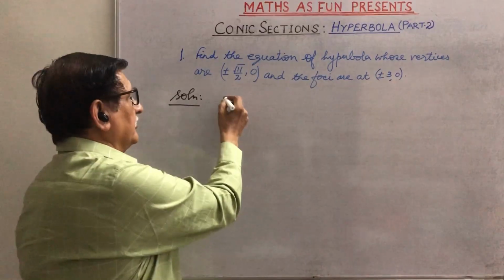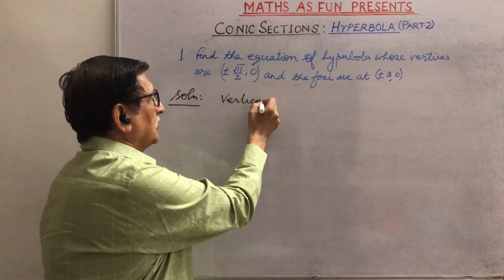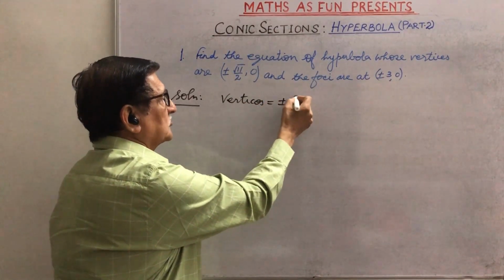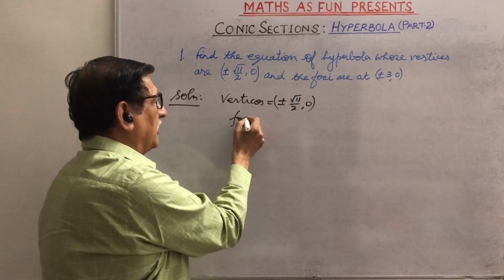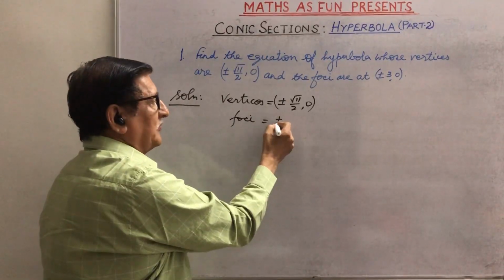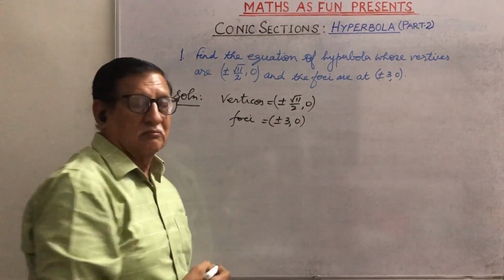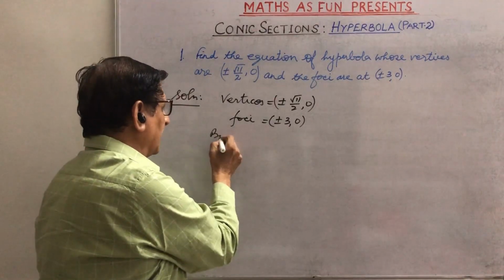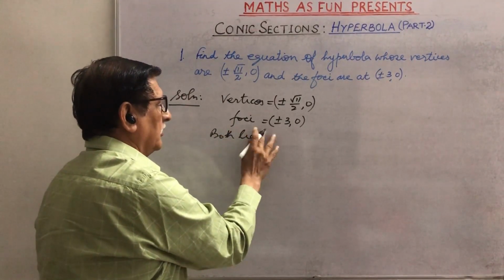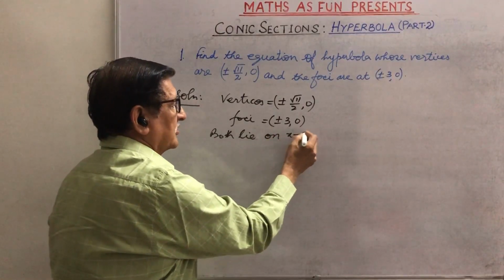We find here that the vertices are plus minus root 11 by 2 comma 0 and the foci are plus minus 3 comma 0. Both lie on x-axis.